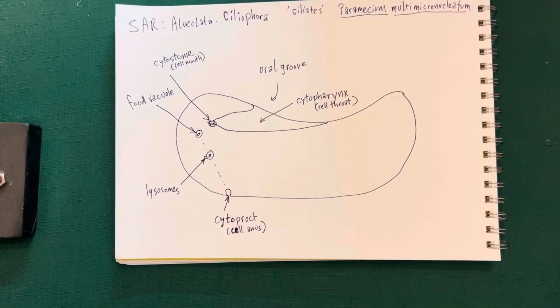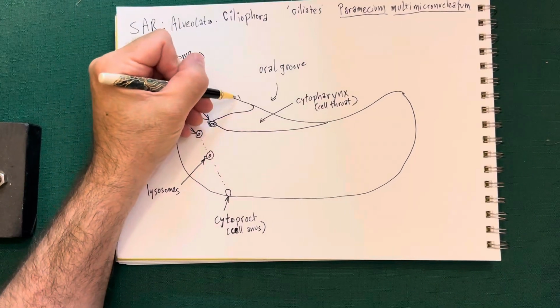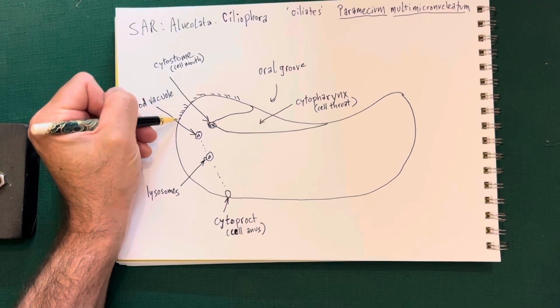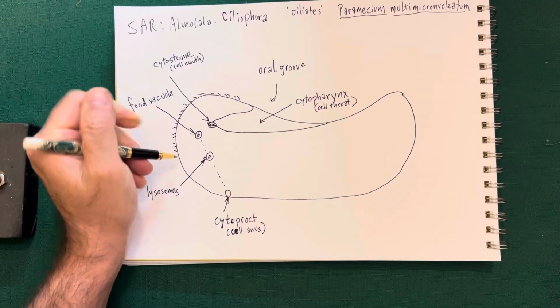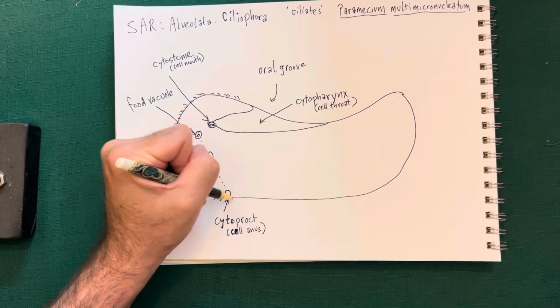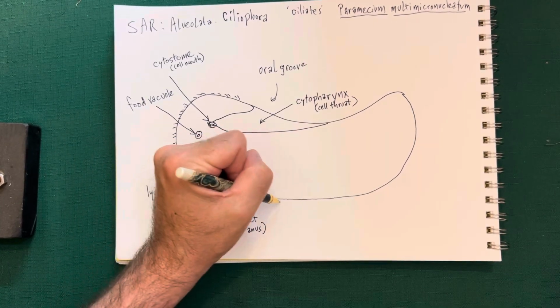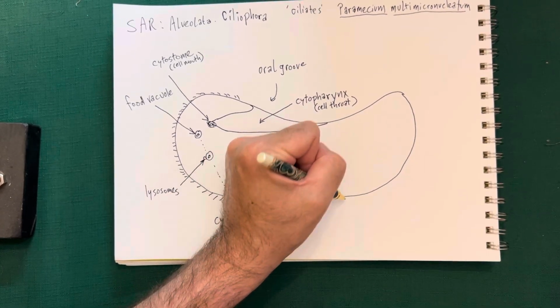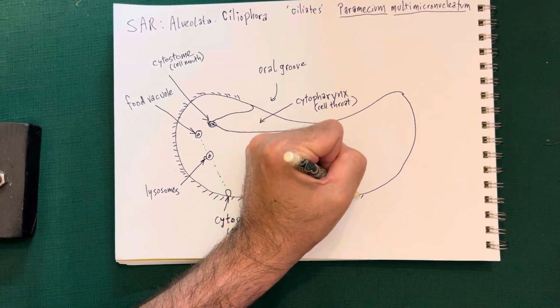Okay, and so you might say to yourself, well, we've got this single-celled organism. Why does this plasma membrane need to have all of these specialized parts to it? And for that, we need to draw some of the external anatomy here. And yes, I am going to draw these little lines going all the way around. If you see one of these under the microscope, you're not going to be able to see all of these little hair-like projections.